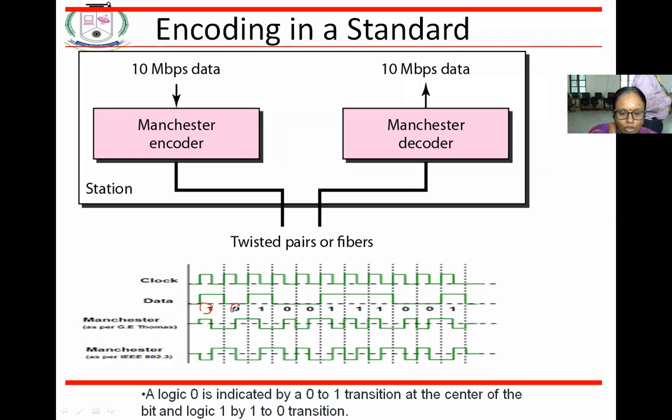According to IEEE 802.3, the Ethernet standard, if the logic is 0, the transition goes from 0 to 1, then I can understand the bit is transferred as a 0. If it is logic 1, the transition goes from 1 to 0.